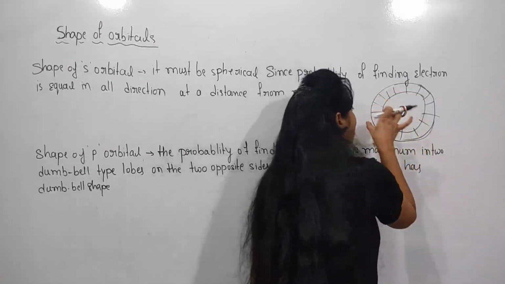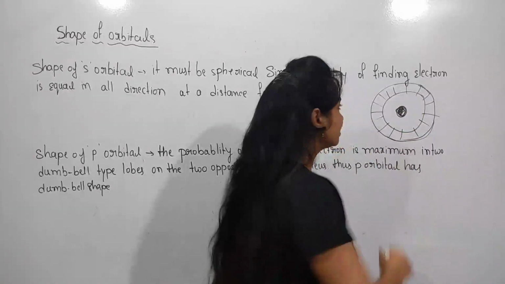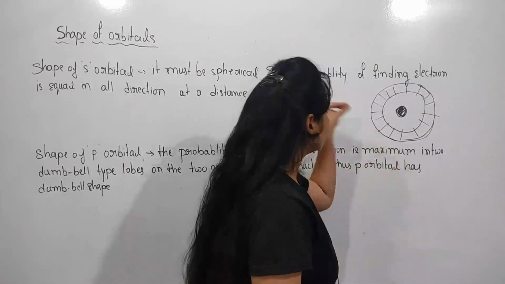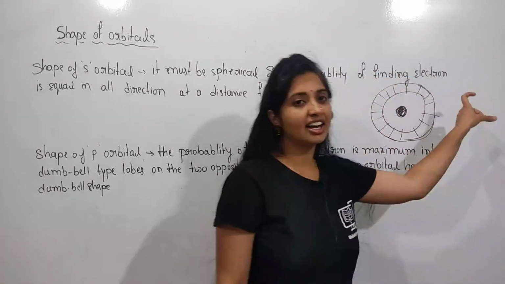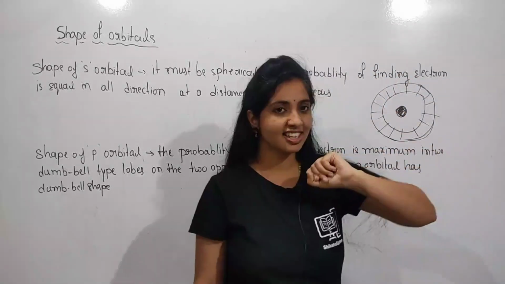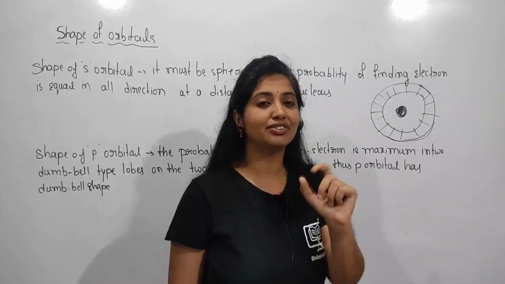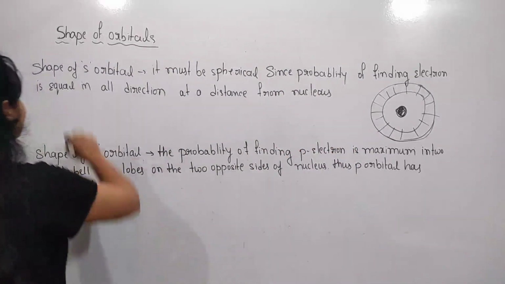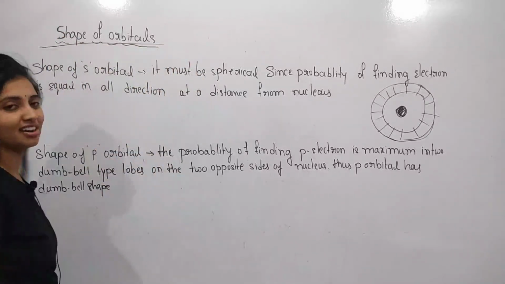So this space is called an orbital. Already we know that orbitals have different sizes, different shapes and different orientations. In today's class I wish to discuss the shapes of orbitals.